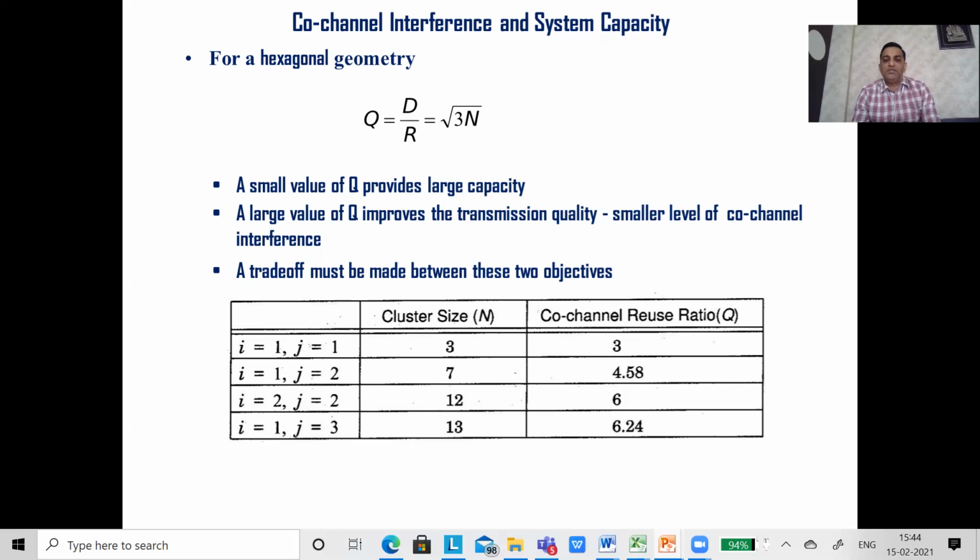Using this equation, we are able to calculate the value of N, and by making use of the co-channel reuse ratio, capital Q, which is equal to the square root of 3N, we are able to find the value of Q if we know the value of capital N.